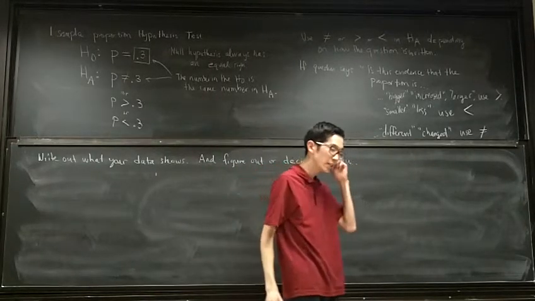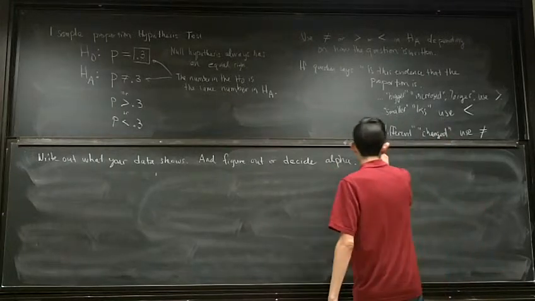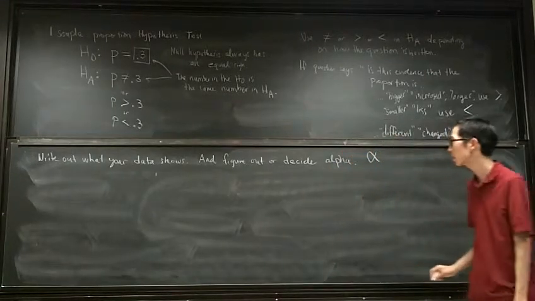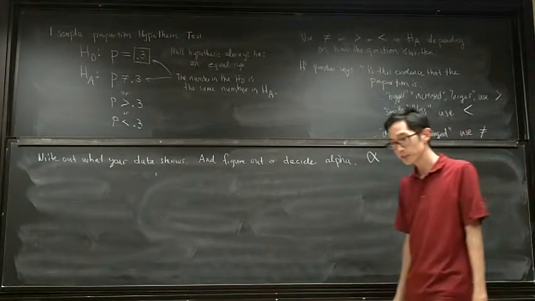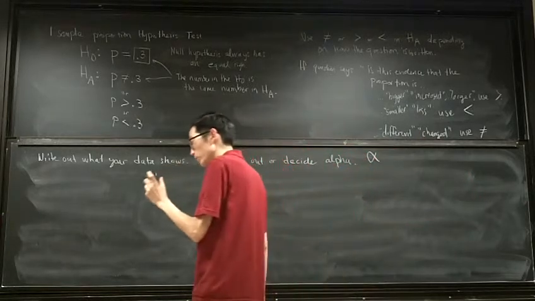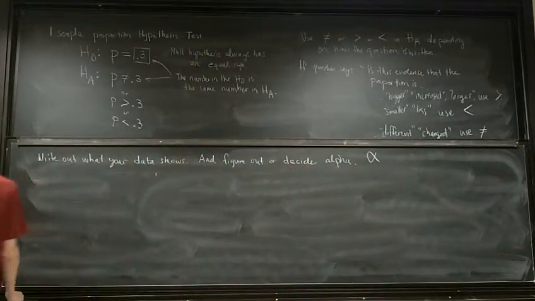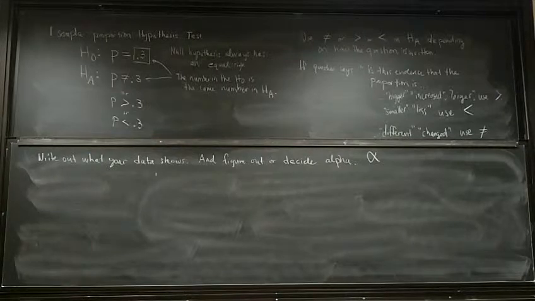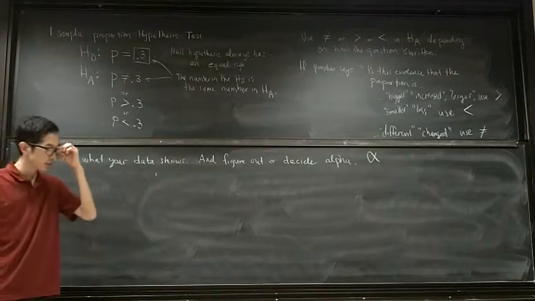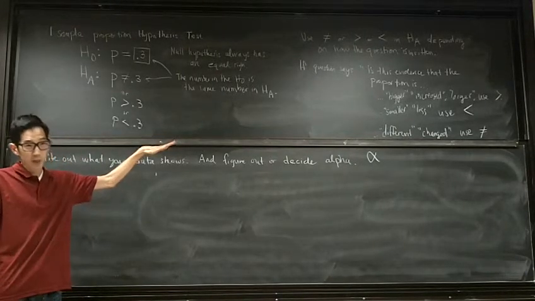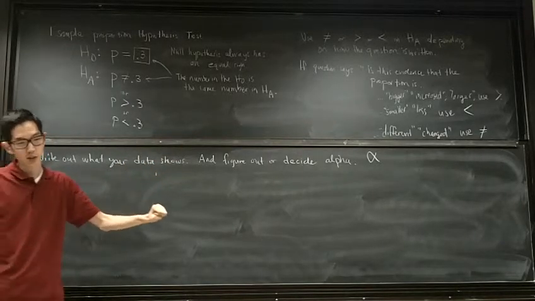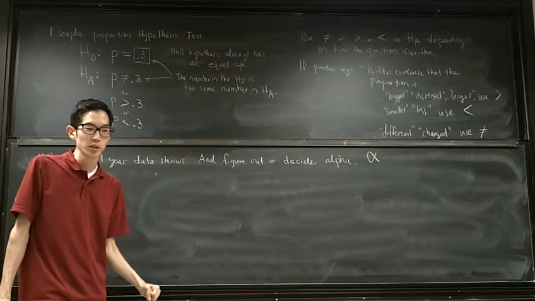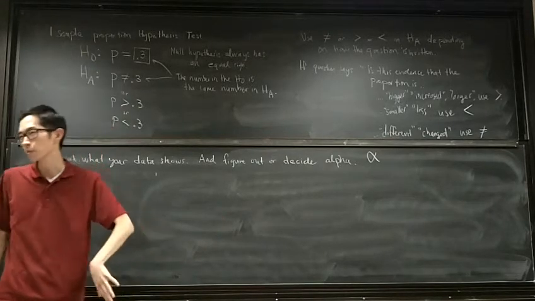Alpha looks kind of like an a or a goldfish or whatever. This is the point where we decide the probability is small or not. Because our decision is, if the probability of observing our data is small, we can conclude that the coin is unfair or something.